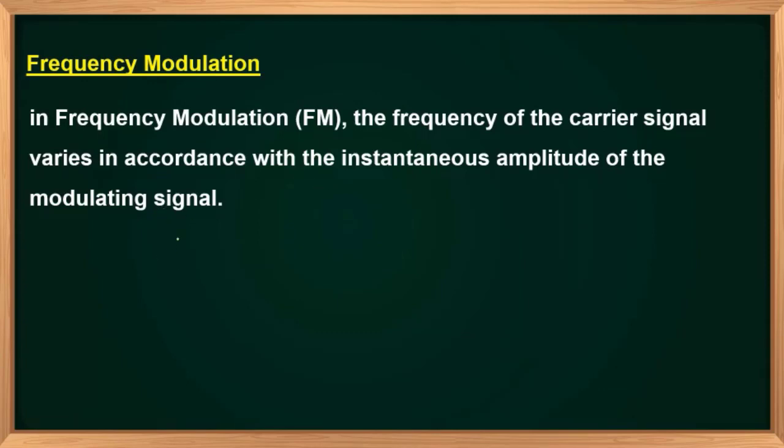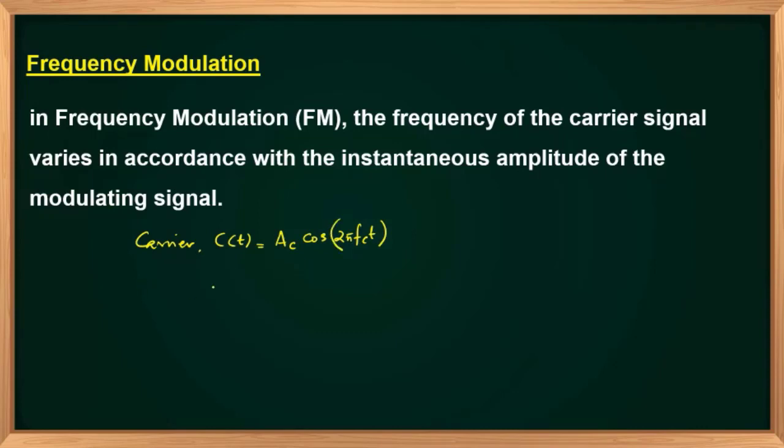As I have already written the instantaneous frequency of the modulated wave, let us start with the carrier signal. The carrier signal is denoted as c(t), which can be written as Ac cos 2 pi fc t. So this is the instantaneous value of the carrier waveform.